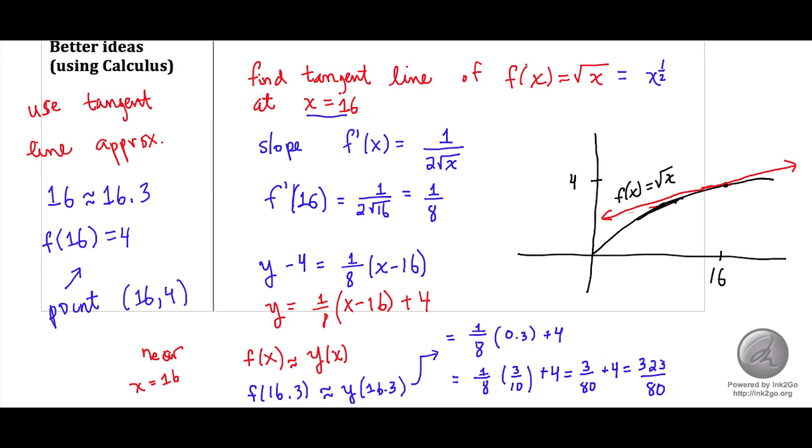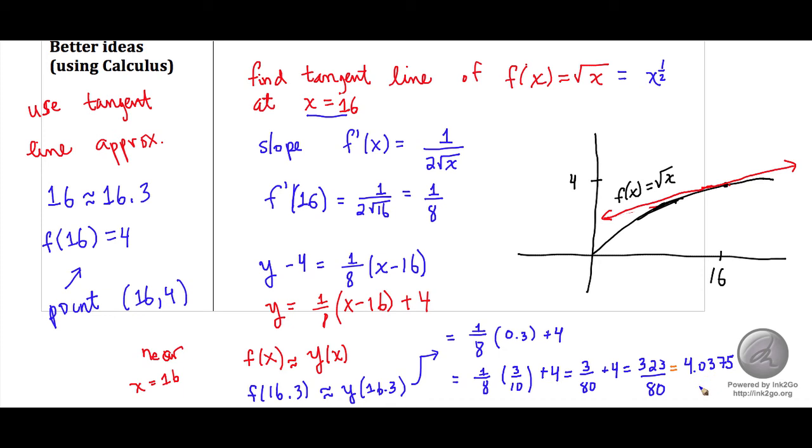And I've worked out the math for all of this, and I know that 3 over 80 is, why is my pen all messed up? This is going to be about 4.0375. And I'll leave it to you to use your calculator and compare this to the actual number.